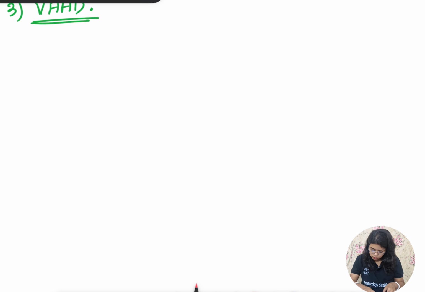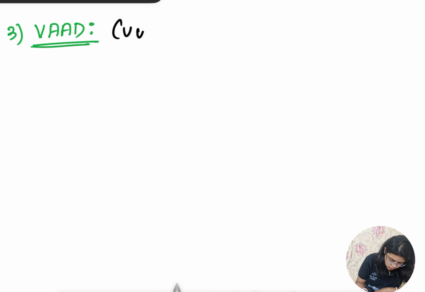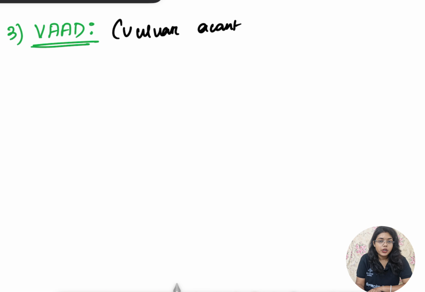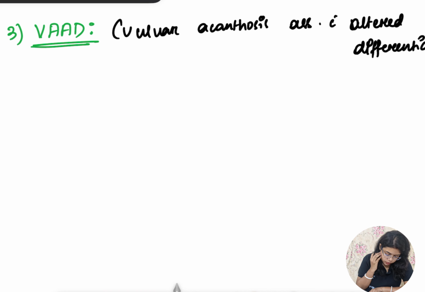Then coming to the VAD, that is vulvar acanthosis associated with altered differentiation. What happens here?